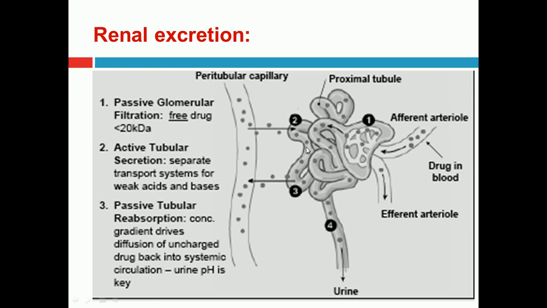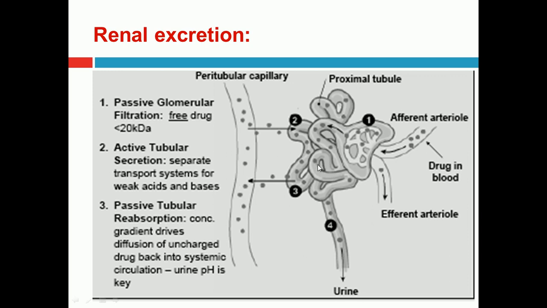Aspirin is acetyl salicylic acid, so the name shows that the drug is acidic, a weak acid. Once the drug is filtered from the glomerulus into the urine lumen, if it remains unionized, if the urine is acidic and the drug is acidic, it can reabsorb from this site to the blood.